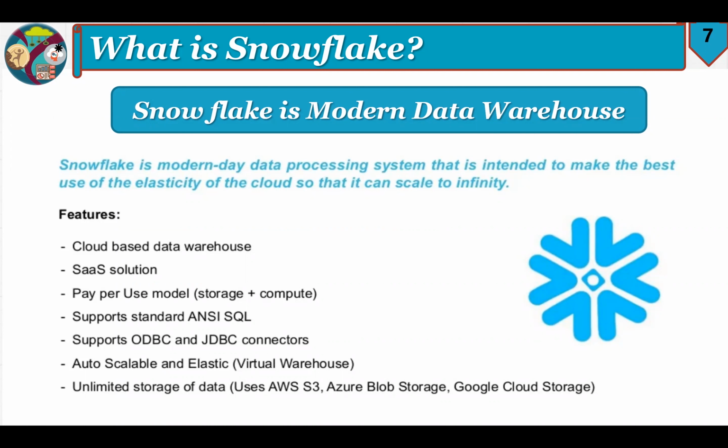And Snowflake also comes with an auto-scalable and elastic virtual warehouse. As I mentioned, Snowflake has intelligence so that if there is a sudden spike in the data, Snowflake itself will bring up additional CPU power and process the data within the timeline.